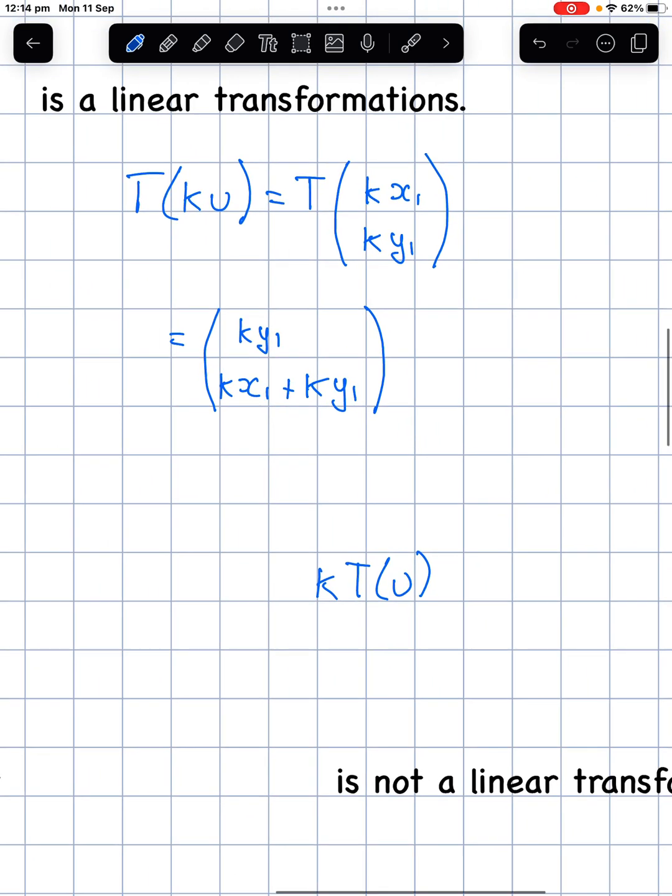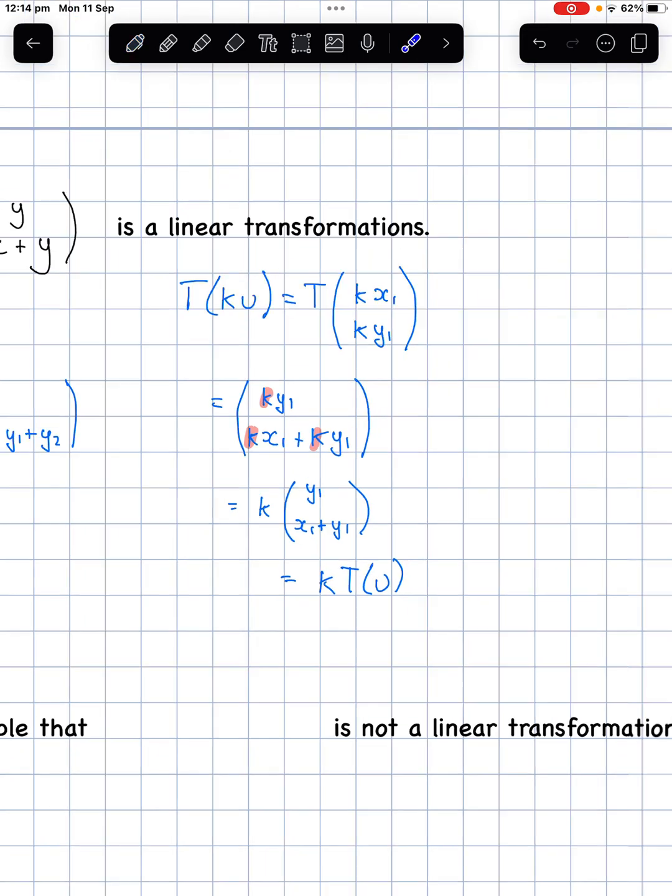Now I can pull my k values out because everything has a k here, so k is a common factor at the top. And the bottom, I'll pull them all out: k, y1, x1, y1, so plus in there. And you'll notice that this now equals kT(u).